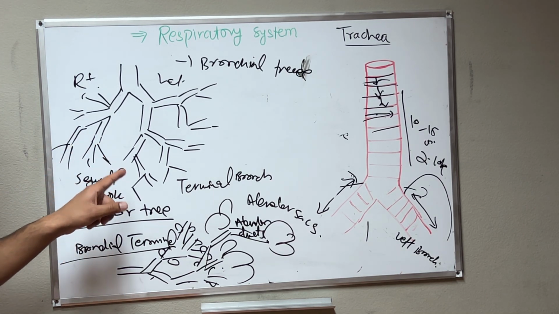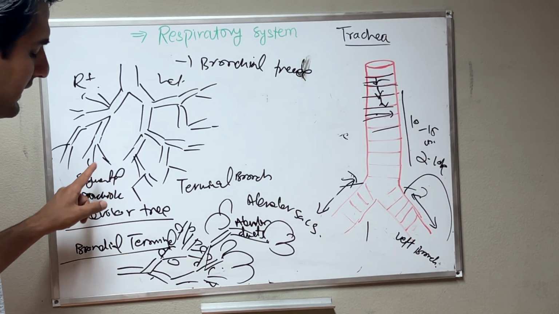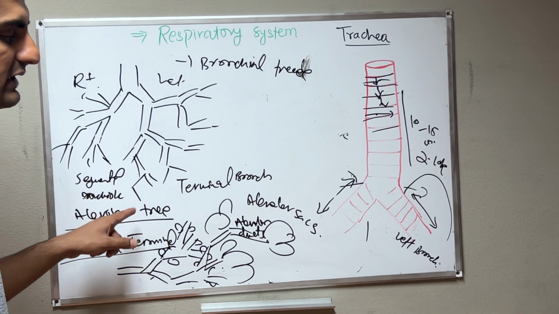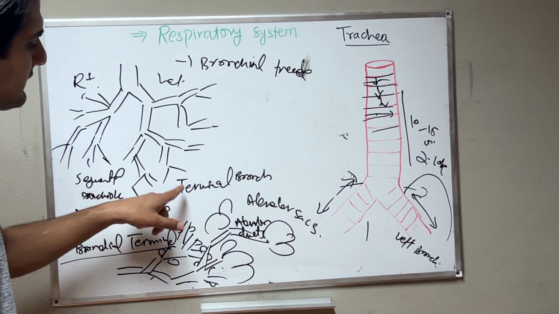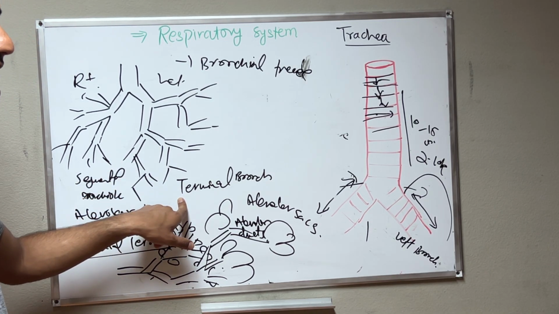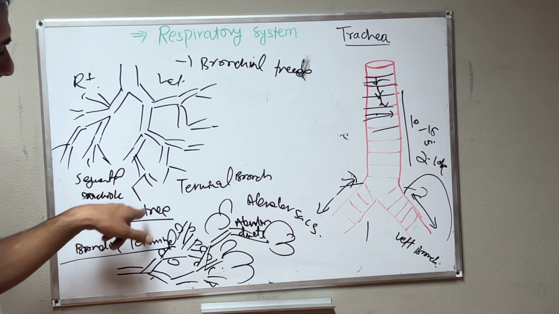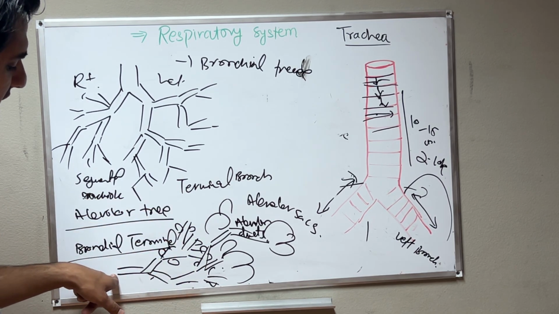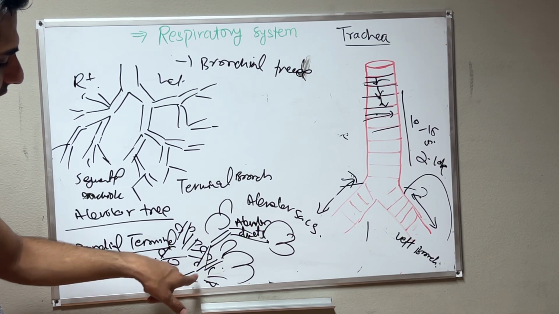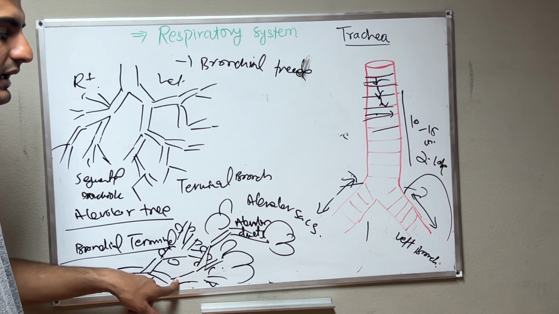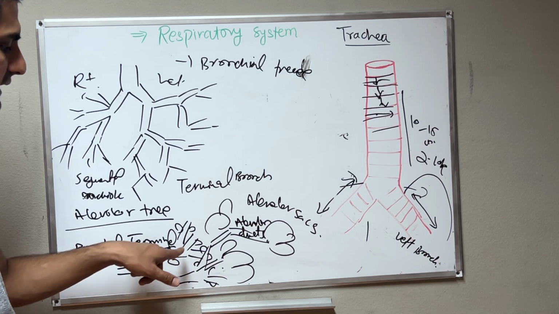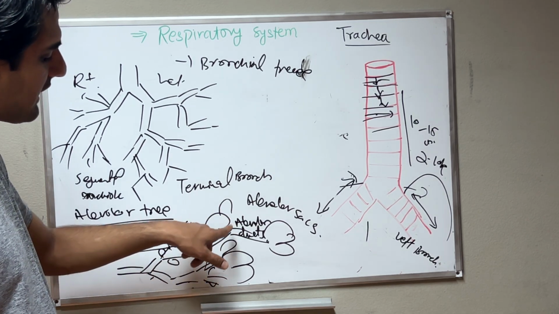From inside, the covering is respiratory epithelium, which has cilia, and at the end the terminal bronchioles are lined by cuboidal epithelium. When we discuss the alveolar tree, we take the terminal bronchiole, which continues into primary, secondary, and tertiary bronchioles, or respiratory bronchioles, because here we have alveoli and alveolar ducts.